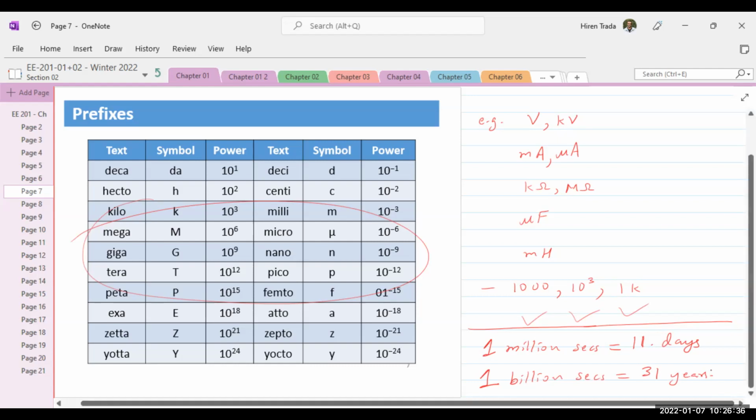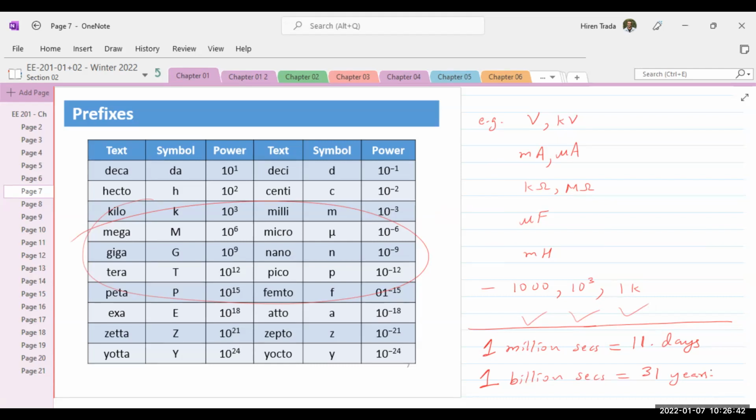So when you replace money with time, I can illustrate how big of a difference one unit prefix would make. It's 11 days versus 31 years, right? Even if you spend, I don't know, $100,000 every day, I don't think you could spend $1 billion in your lifetime. But that's the vast difference.